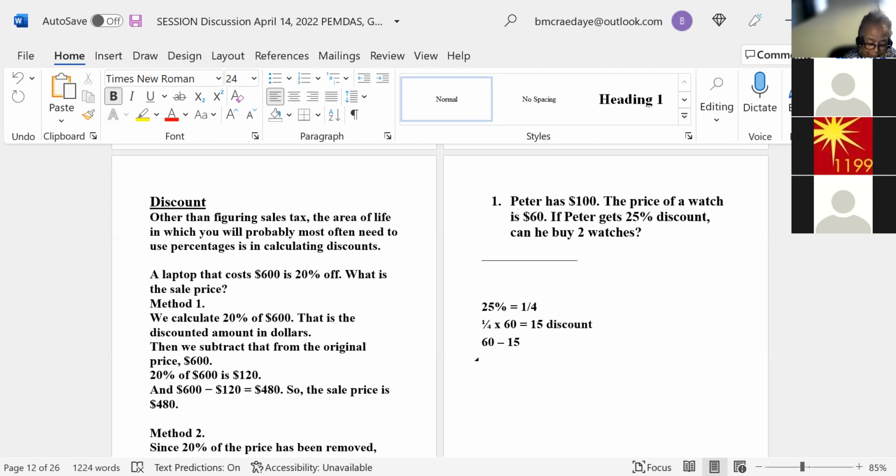So $45 is the sales price of each watch. So what would 2 watches cost? 2 times 45 equals 90. And that's the cost of 2 watches.